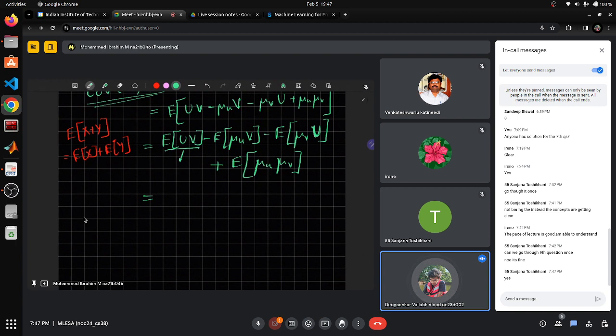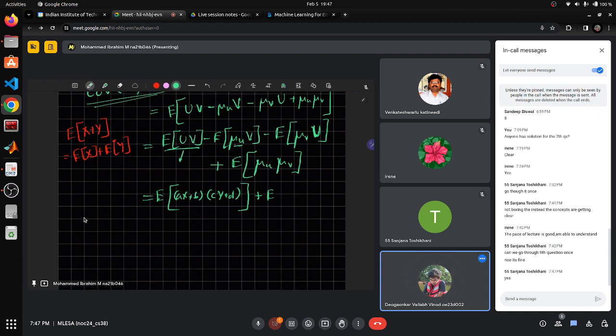So this is a product of u and v, and u was actually ax plus b and v was cy plus d. So we can write this here, ax plus b times cy plus d. Plus, now, expectation of mu v in mu u into v. So mu u was actually a constant, right? Mu u is not a random variable, so you don't need to take a mean with respect to mu u.